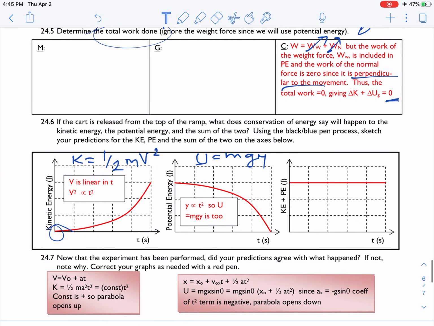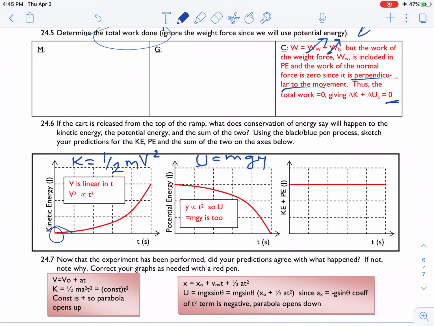So kinetic energy is going to be a quadratic equation, because one way to understand that is looking at the next step. If we had the experiment and found those plots, how would you prove this? You would use the constant acceleration equations, because acceleration is constant in this problem. So velocity is linearly proportional to time, but kinetic energy is quadratic.